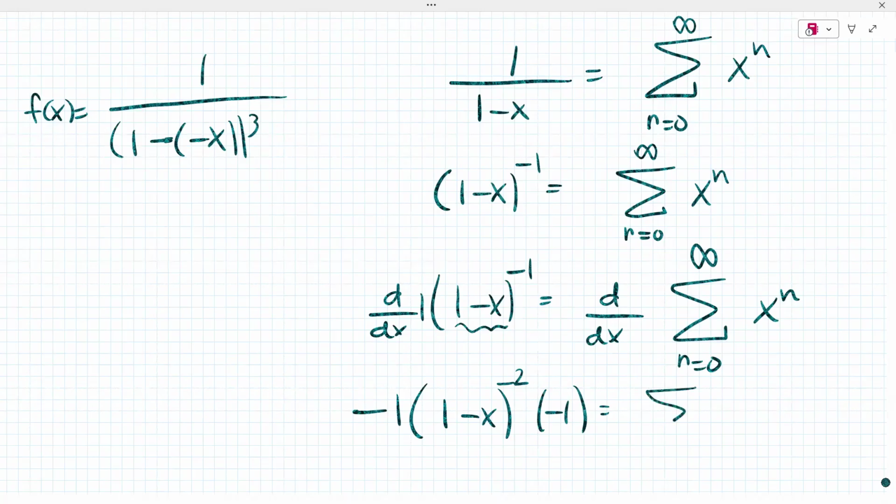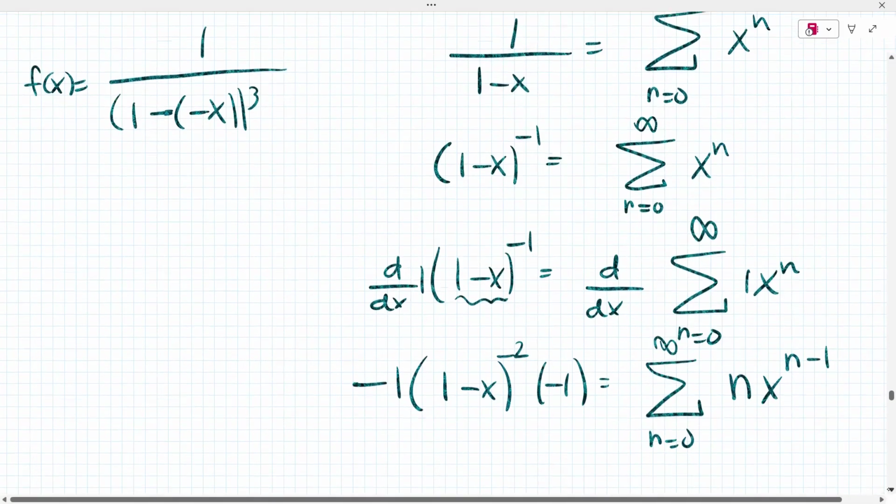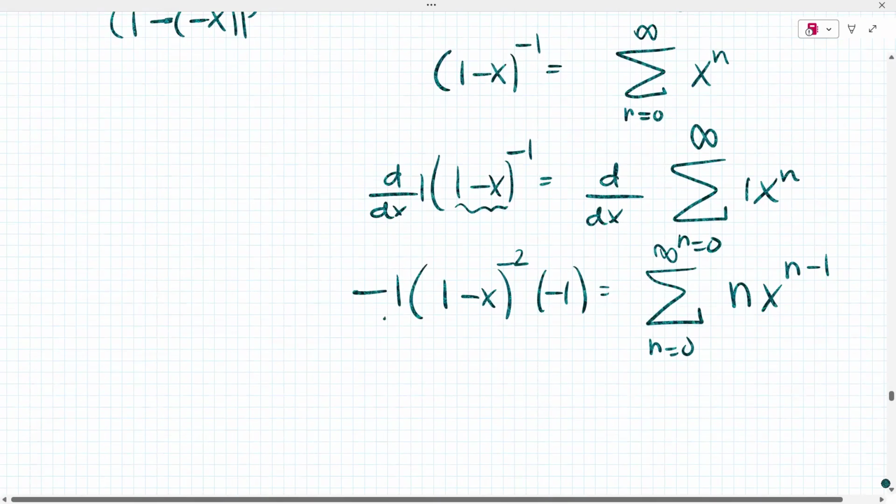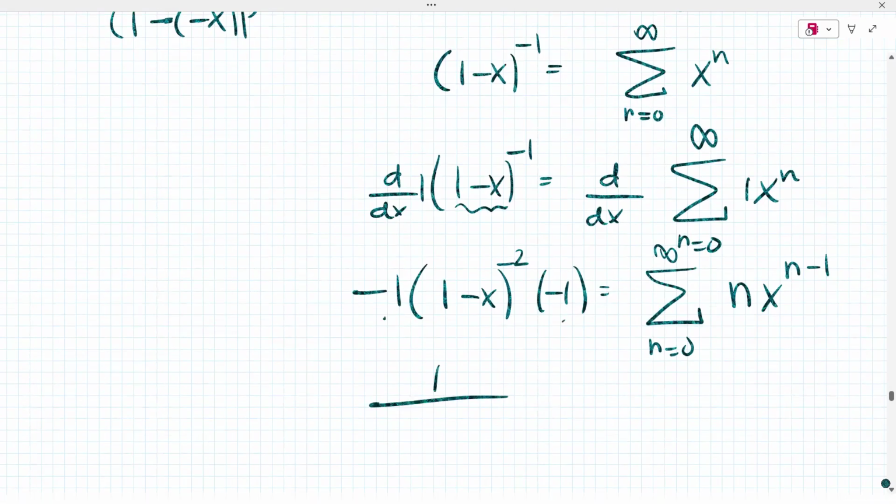You use the power rule. This has a coefficient of 1, so 1 times n is n x to the n minus 1. Let's clean this up. Negative 1 times negative 1 is positive 1, and then let's make (1 minus x) to the negative 2 a positive power.